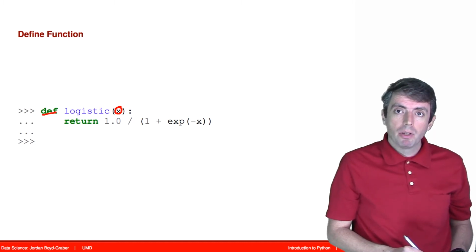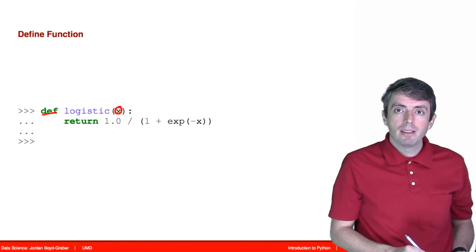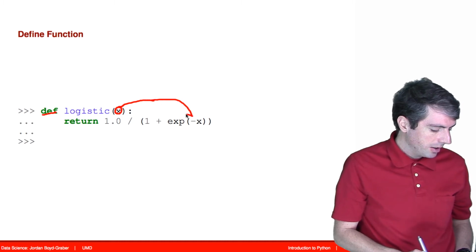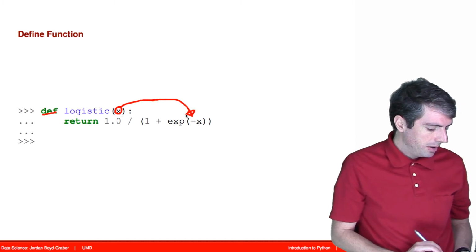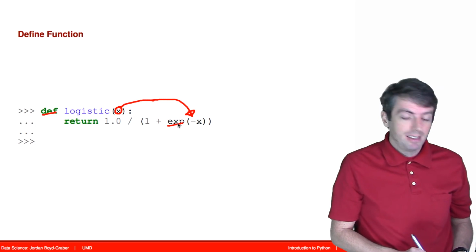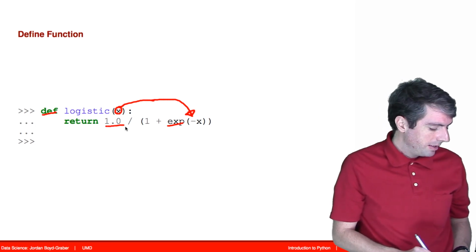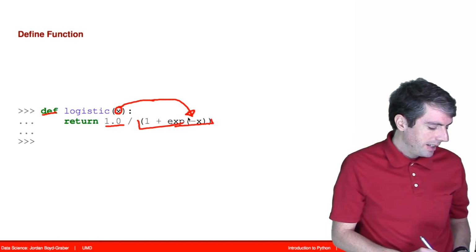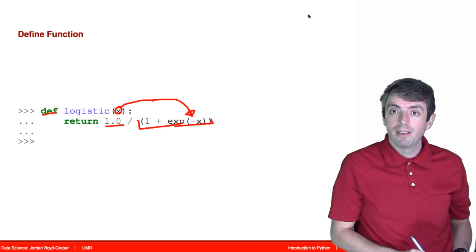Now in the body of the program, we're going to use that argument to do some computations. And so what we're going to do is take whatever value gets passed into the logistic function and pass it into another function called exp. And then we're going to divide the number 1.0 by 1 plus the exp of the negative of the argument of the function.